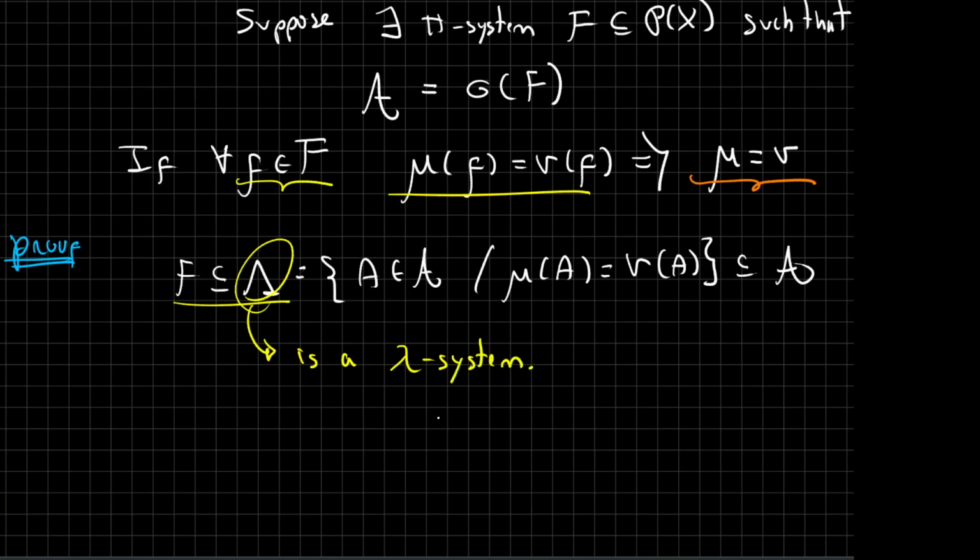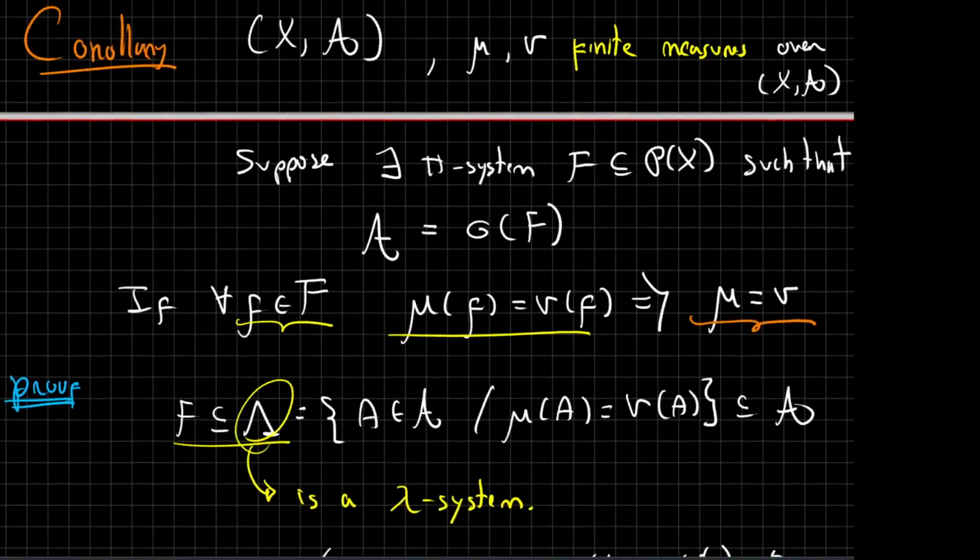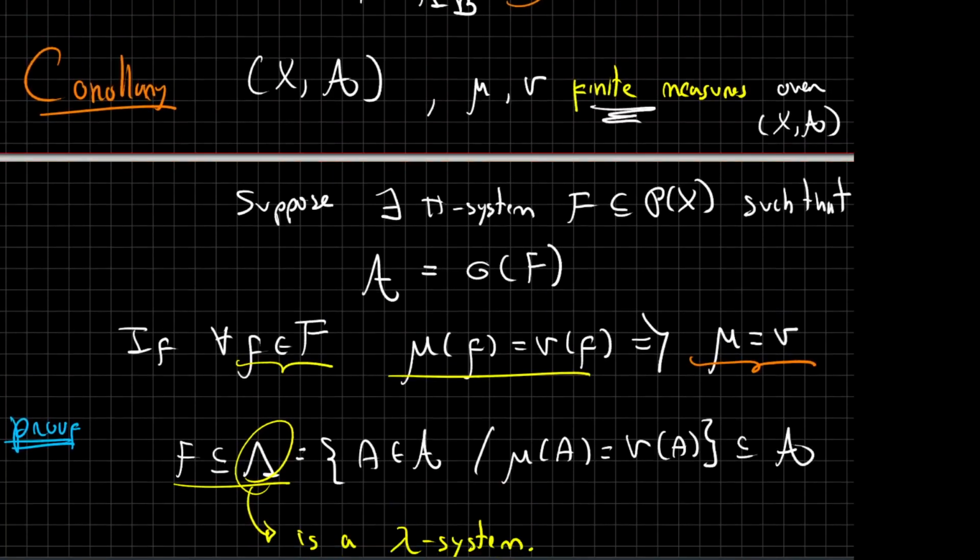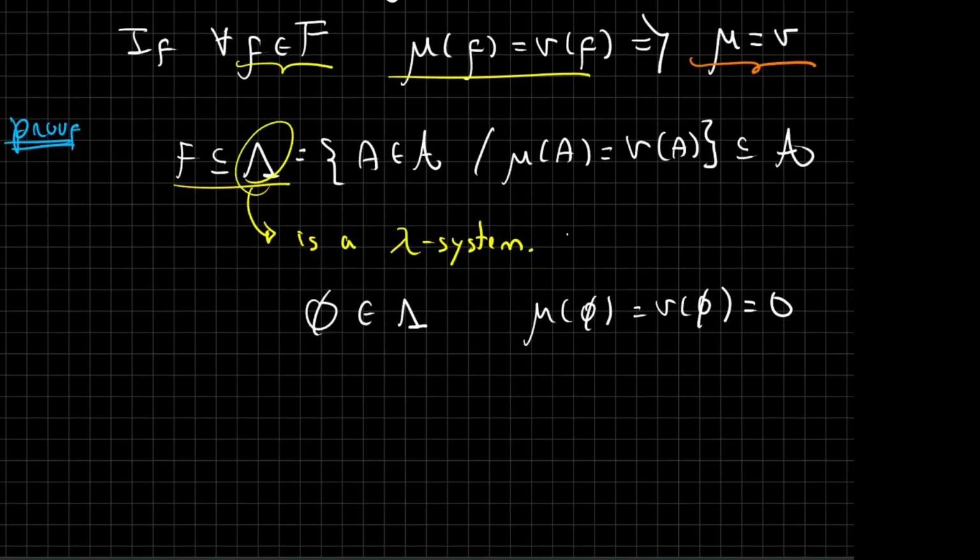Now it is clear that the empty set is inside this. Why? Well, because the measure of the empty set is 0 in both cases, because it is said that they are finite measures. So you need to remember that the only case in which they were not equal was when the measures were trivial, and infinitely trivial I mean that every element of the sigma algebra was associated with a plus infinity. So this is not the case, so both coincide with the value of 0.